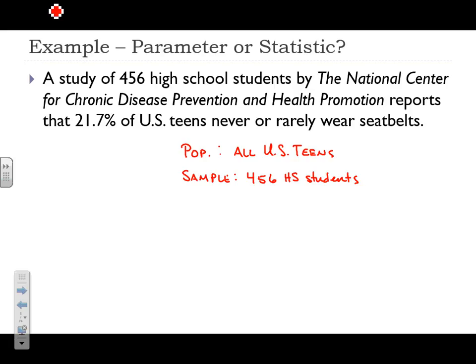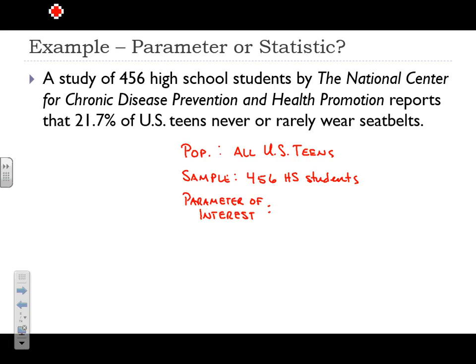Okay. Now, what is the parameter of interest? Now, what this is asking, it's asking what were they trying to measure overall? So this is another term we need to discuss. When they say what's the parameter of interest, they don't want a value.